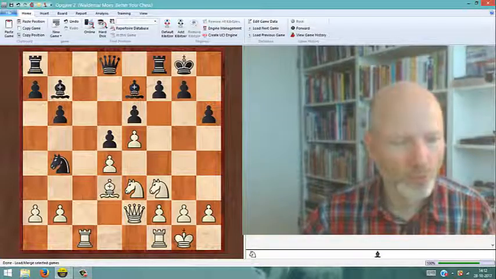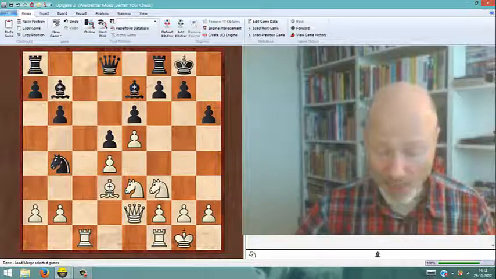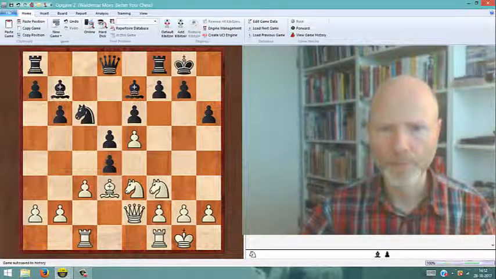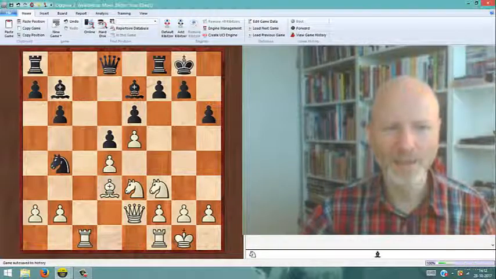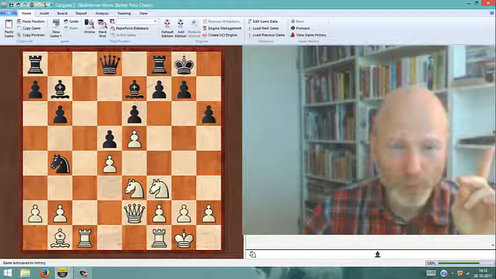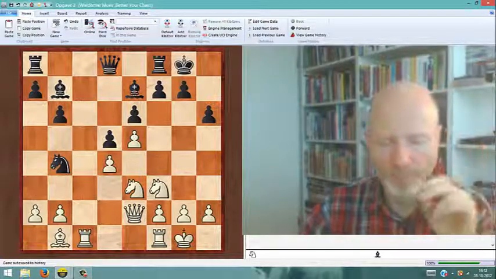And now the normal defense against the double attack is in this case a double defense. So white retreated the bishop to b1, but after bishop b1 there is yet another weakness in white's position that black can target.